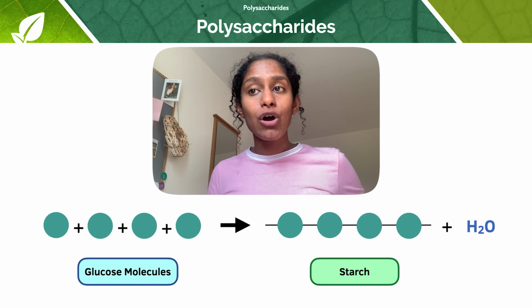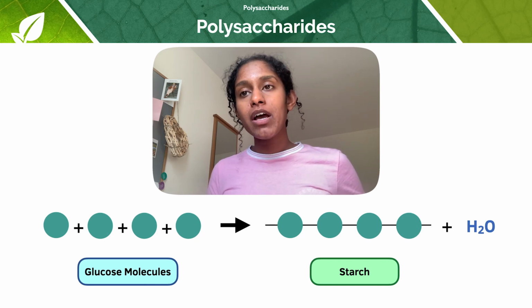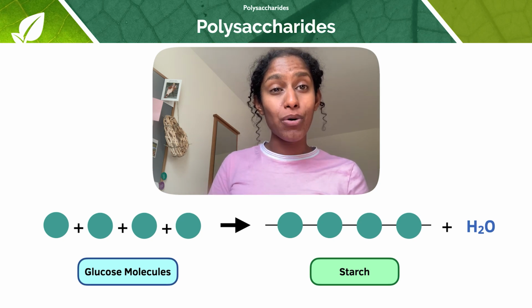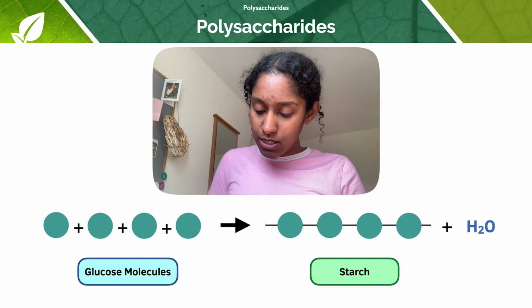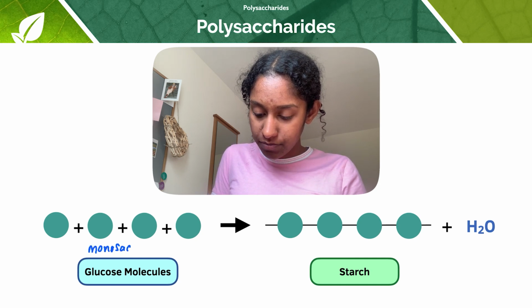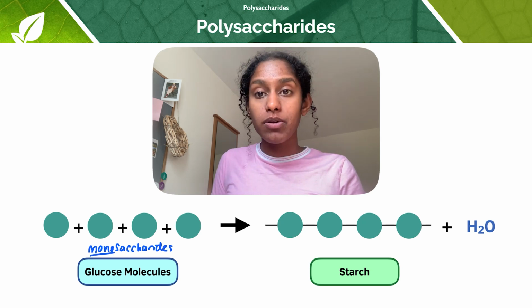So polysaccharides are complex carbohydrates. So we've met that the basic unit of our polysaccharide is our monosaccharide. So that's what these are over here. These are all our monosaccharides. Remember, mono for one.